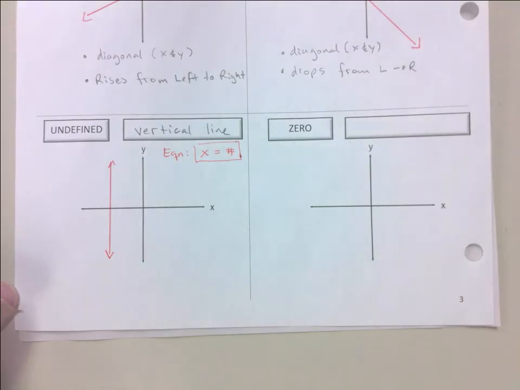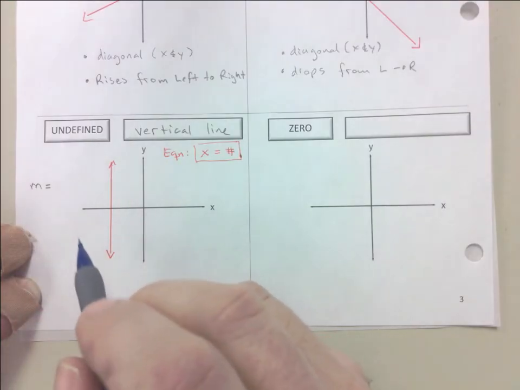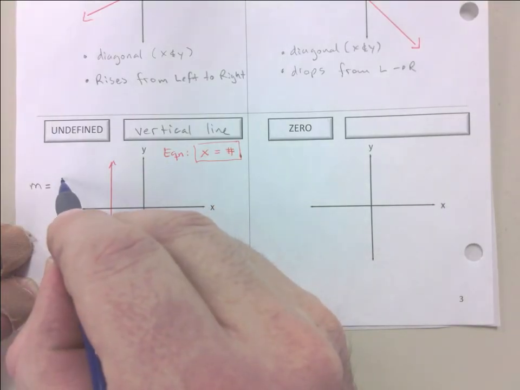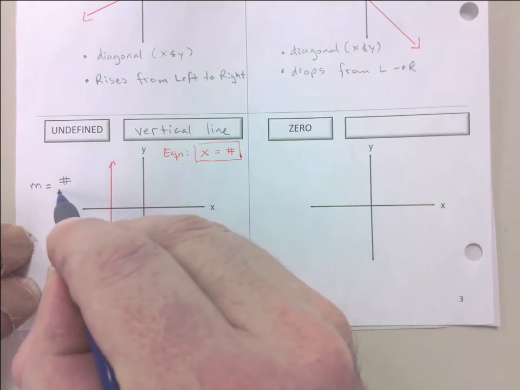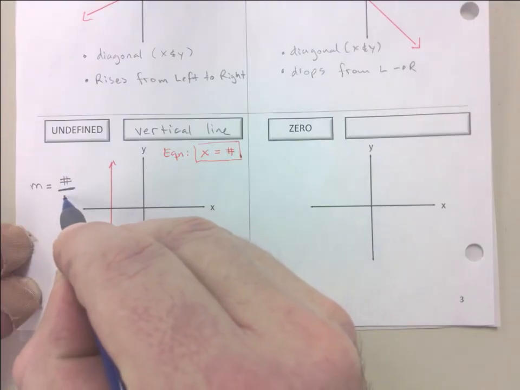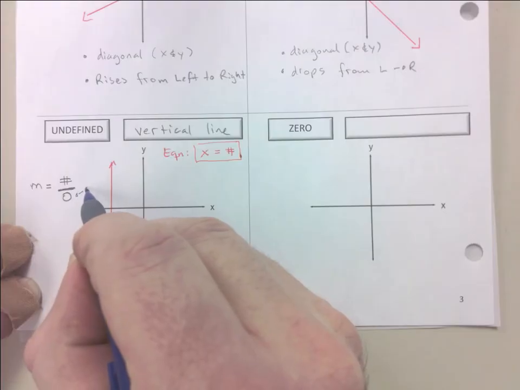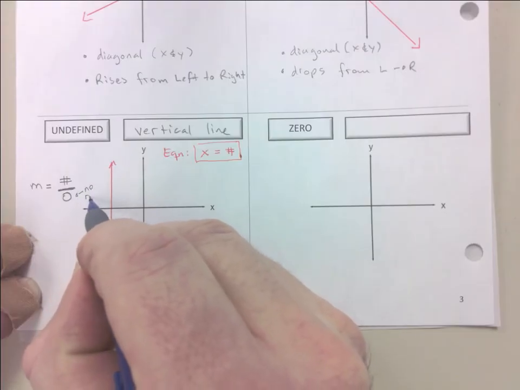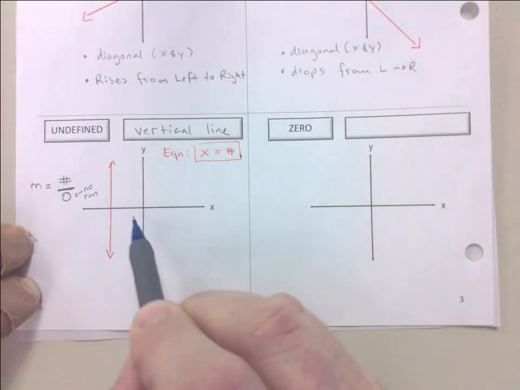And this is the reason why the slope is undefined. Because if you have some sort of a rise and your run is 0, you basically have no run. You're not running sideways.